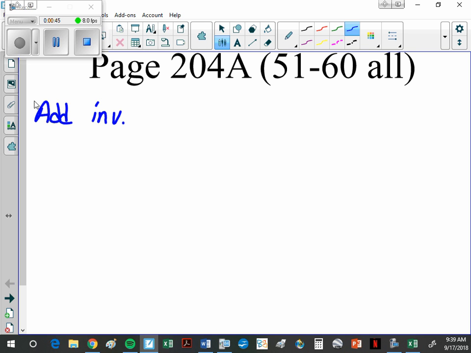So if I give you the number 6, what is its additive inverse? Well, in order to do this, we need to know what opposite means. And I'm talking about addition here. So an additive inverse would be 6 plus something that equals what we call nothing.